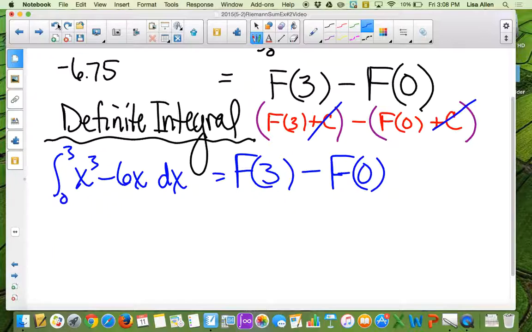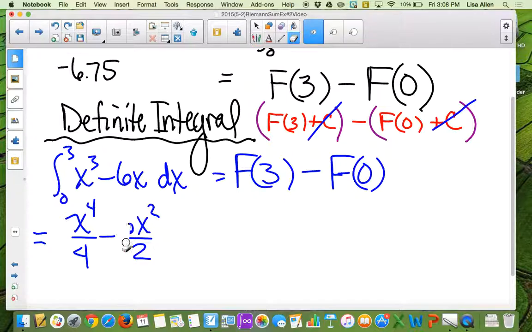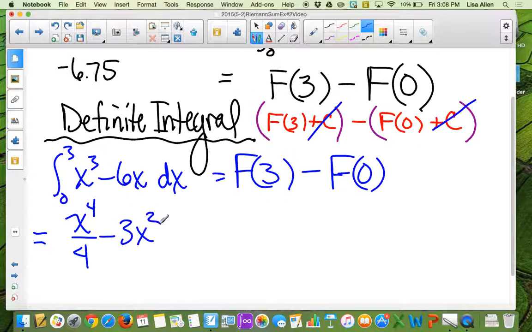So we have this equal to x to the 4th over 4 minus 6x squared over 2, which I'm going to simplify to 3x squared. And then we're going to put a bracket around it, from x equals 0 at the lower limit to 3.